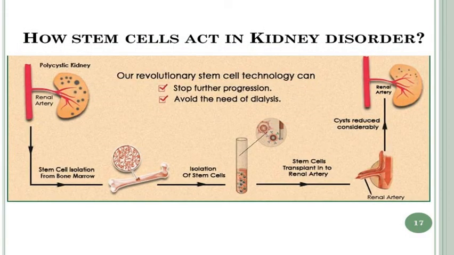How do stem cells work in CKD? A properly functioning kidney contains about 2 to 3 million nephron cells that are responsible for proper blood filtration. Stem cells, once injected into the patient, travel to the diseased kidney and start the regeneration process of renal epithelial nephron cells.